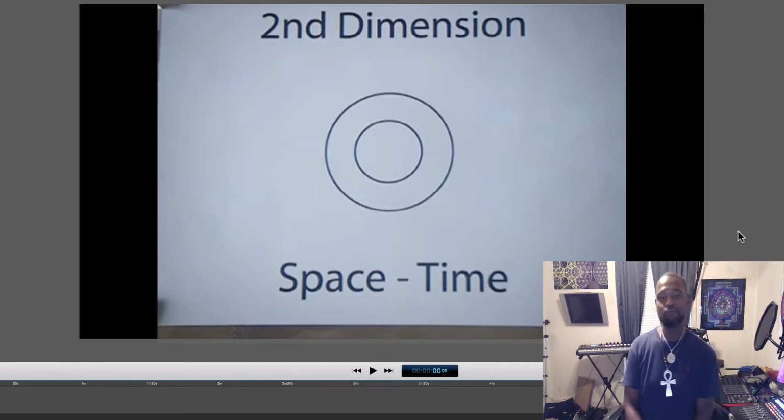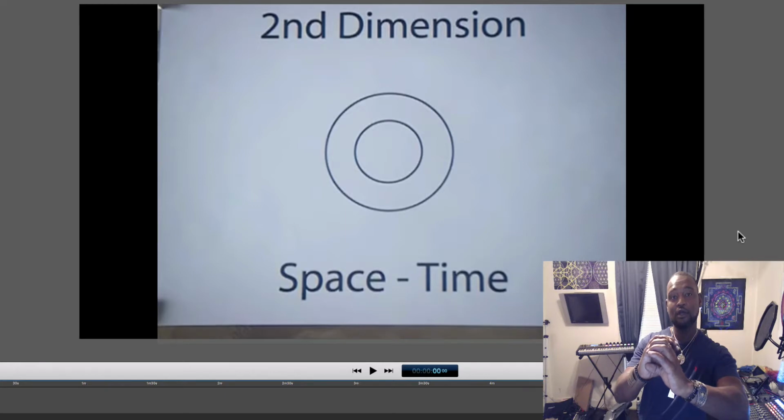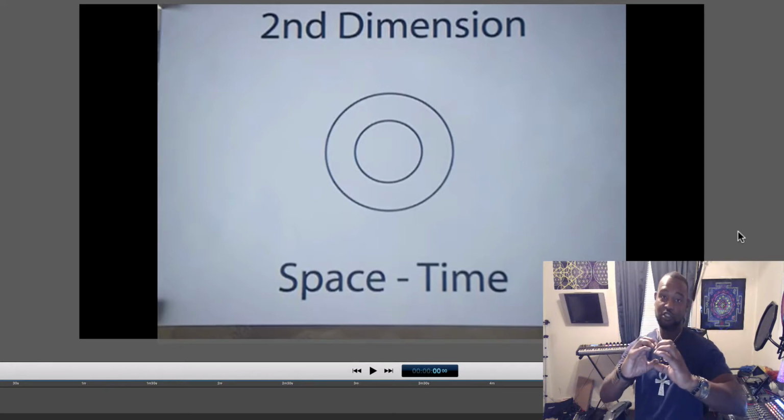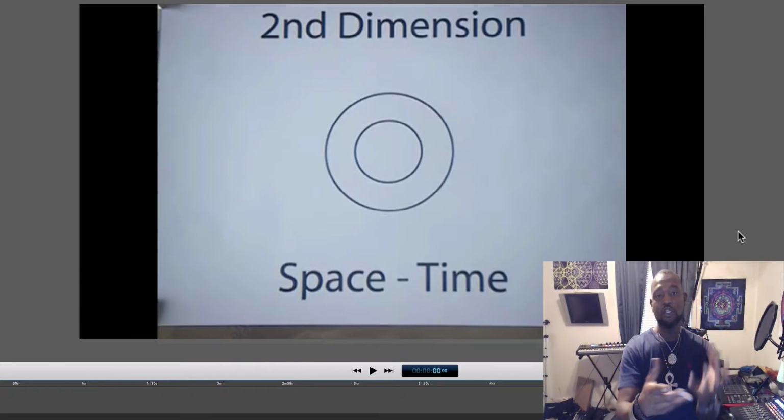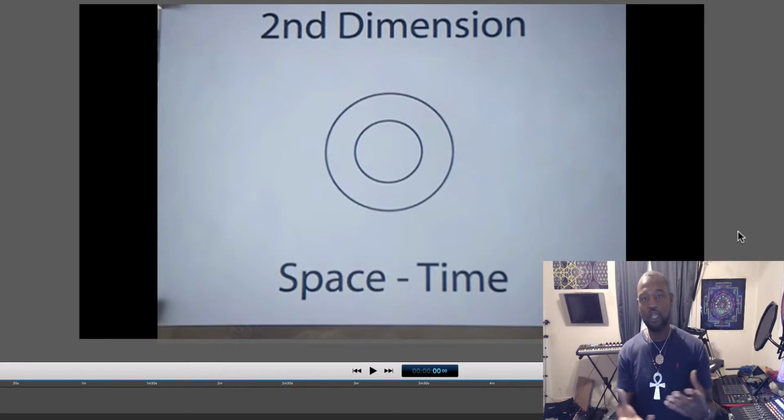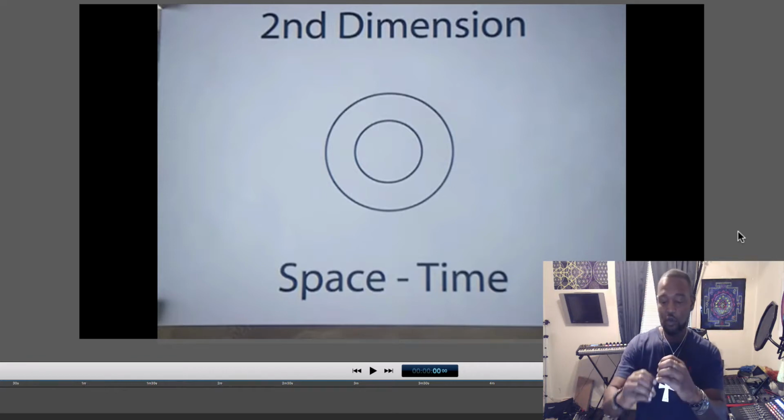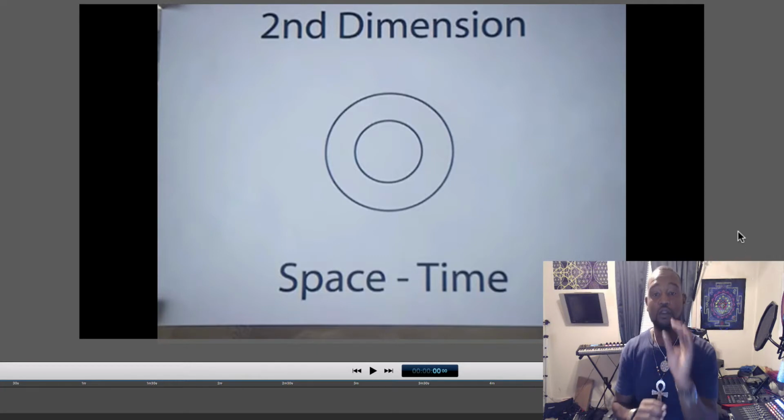So anyway, the second dimension, we look at where the split came, where the single cell split into two cells. He didn't really show the flower of life, but if we had the flower of life depiction here, we would have seen the Vesica Piscis, where the two circles come together and form a womb in the middle.